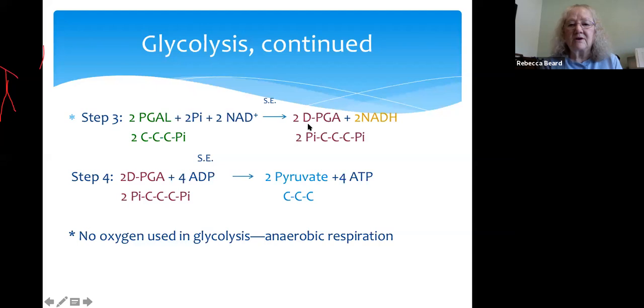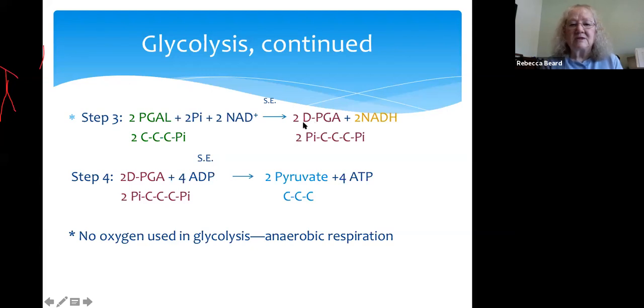And they're going to end up taking away some of the hydrogens. And so we're going to end up with 2 diphosphoglyceraldehyde. Okay, so 2-DPGA. We've lost the L there because our hydrogens are leaving.